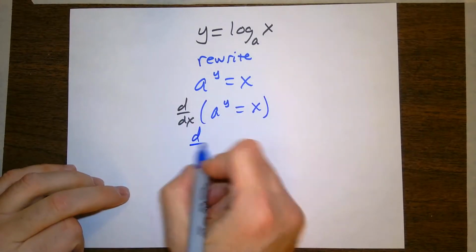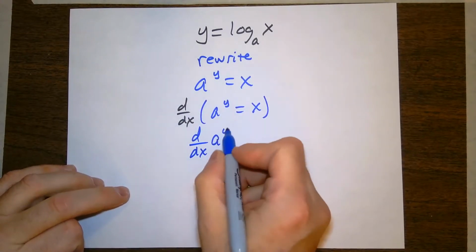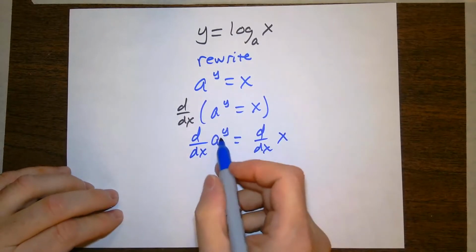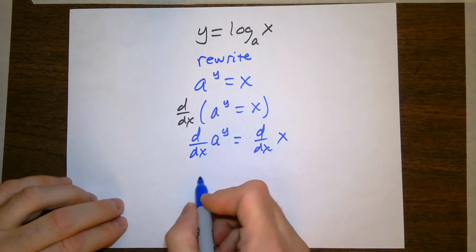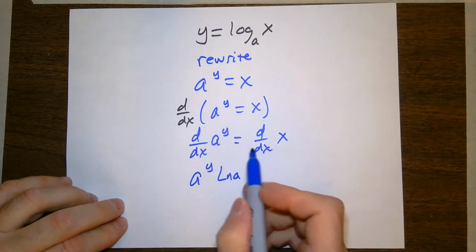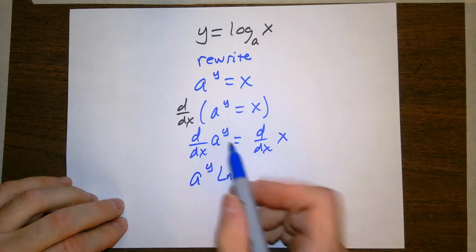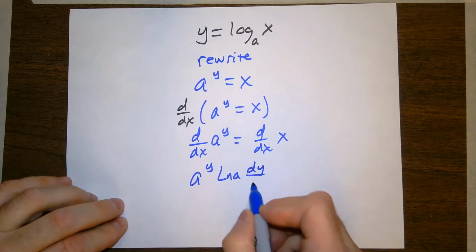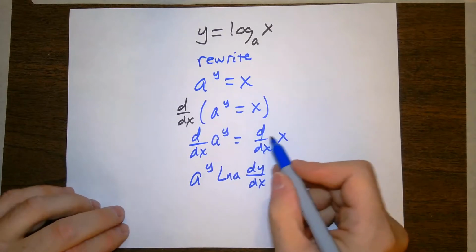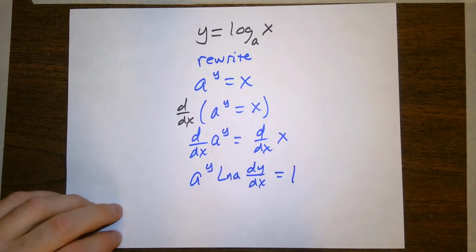So we know this is going to be the derivative with respect to x of a to the y, and the derivative with respect to x of x. Now the derivative of a to the y is going to be a to the y times the natural log of a. But I'm also going to have the dy/dx left over. dy/dx equals the derivative with respect to x of x, which is dx/dx, which is just 1.